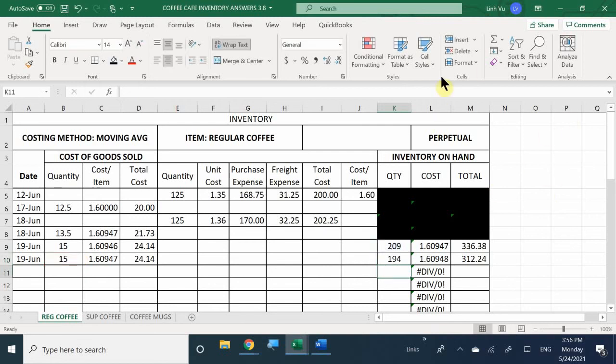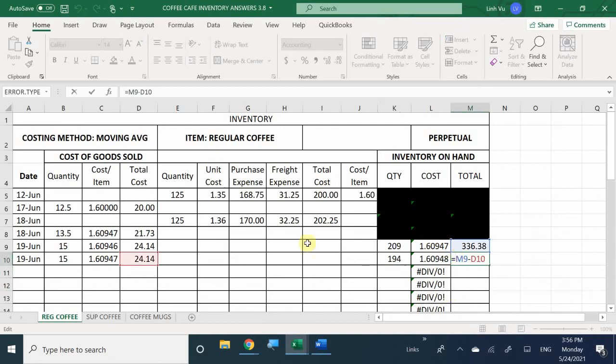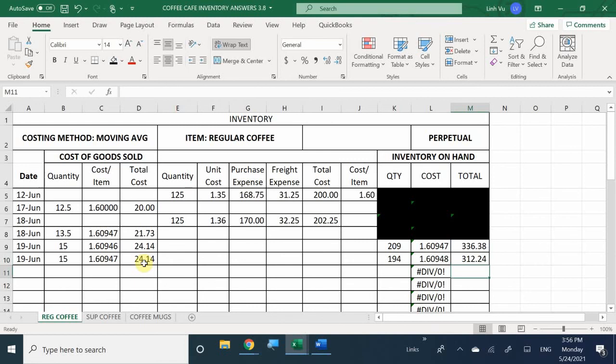Same thing here, right? We take the previous quantity of 336.38 and I just subtract out the 24.14. Oh, I got totally different numbers. I'll review that later because I ended up with 160.52.